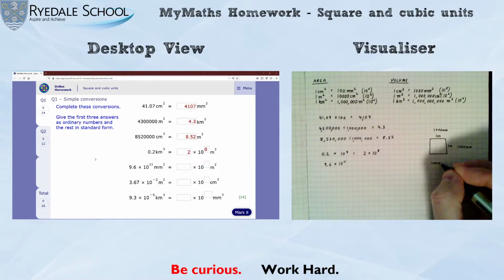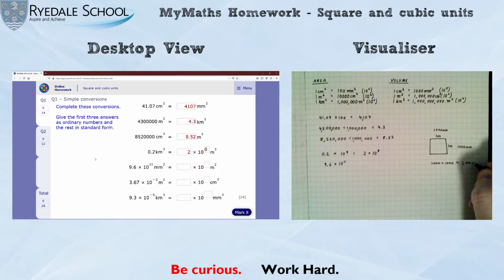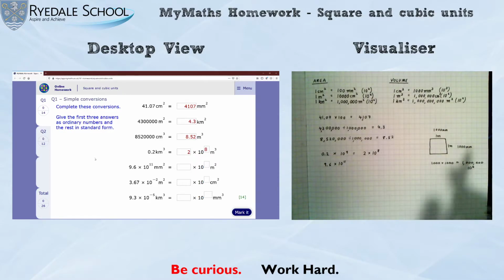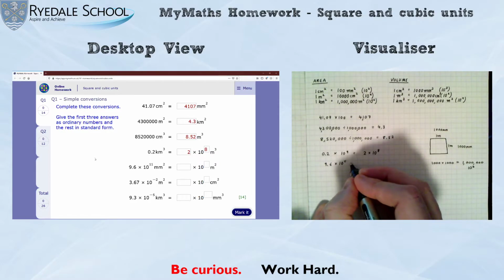And 1,000 times 1,000 is 1 million, or 10 to the power of 6. Okay, so I know there are 1,000,000 millimetres squared in a metre squared. So on this one, I'm going to be dividing by 10 to the power of 6.